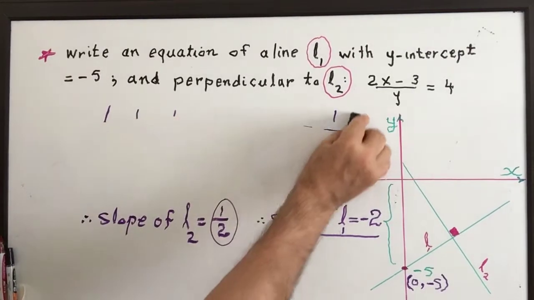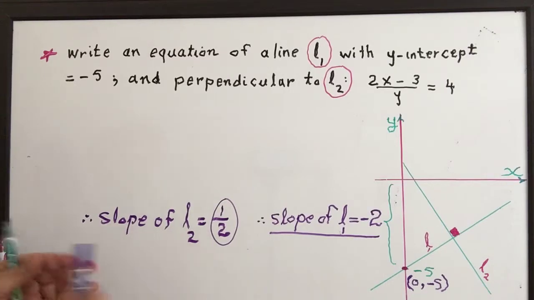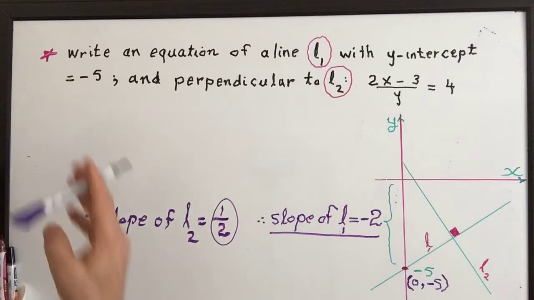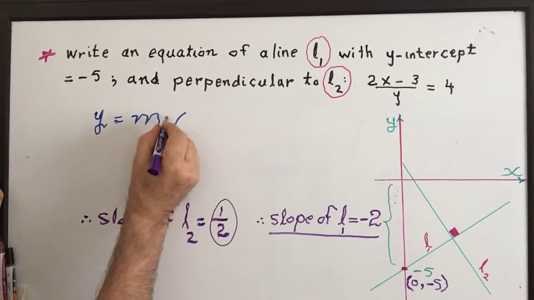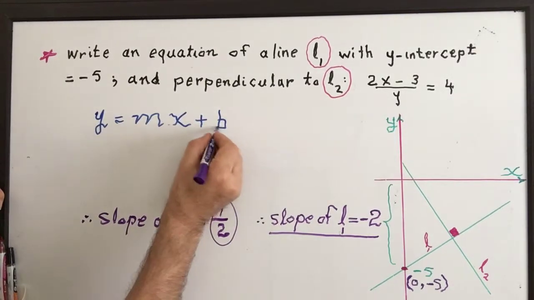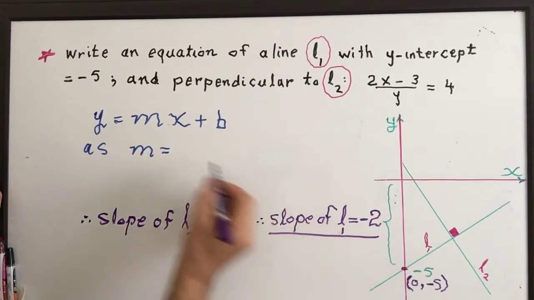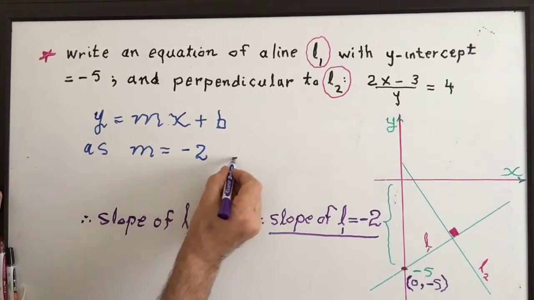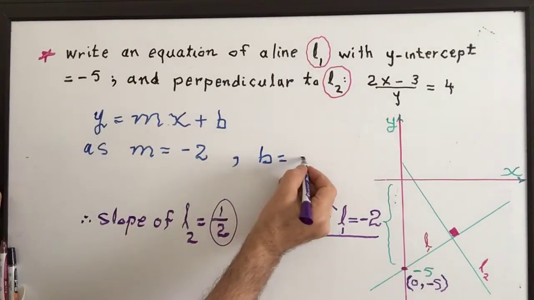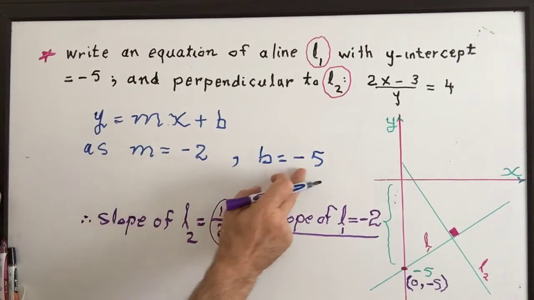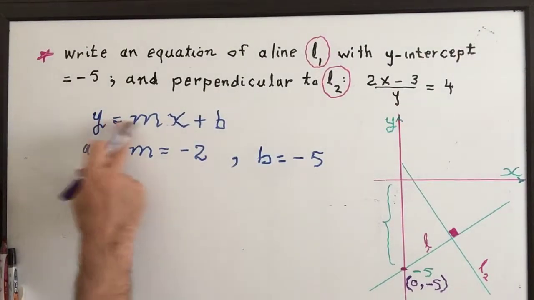Either you can write it directly from the form y is equal to mx plus b, as m is -2 and b, the y-intercept, is -5.